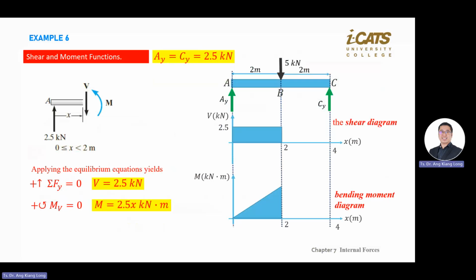What is the value when x equals 2? It's 2.5 multiplied by 2, you get 5 here. But this line slopes upward because m is positive.